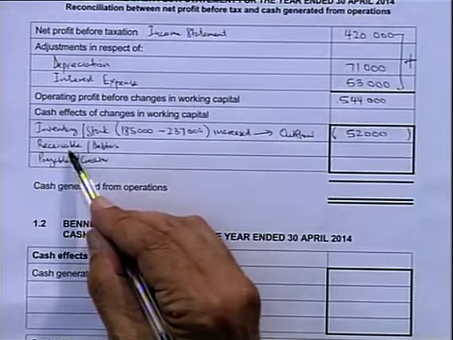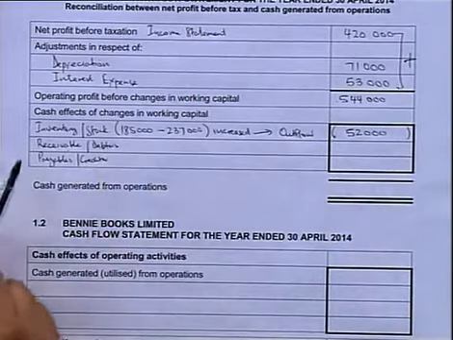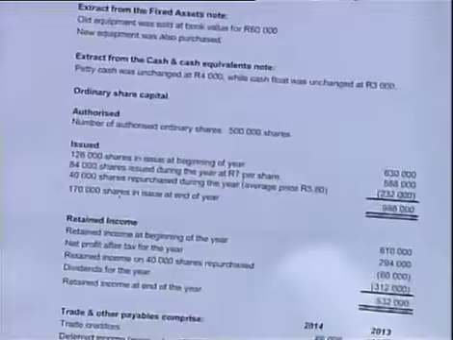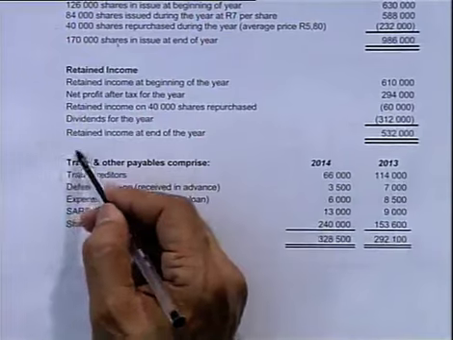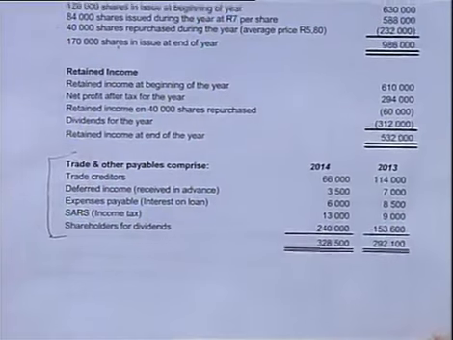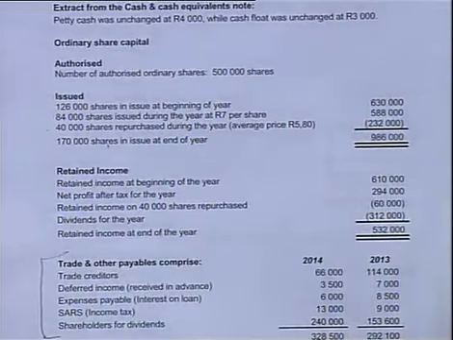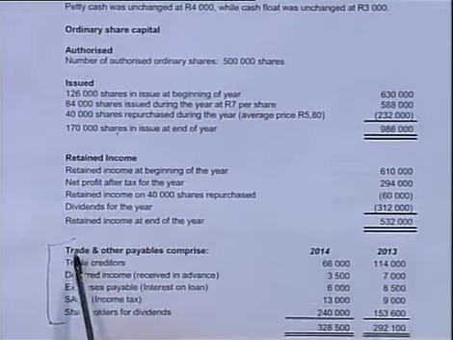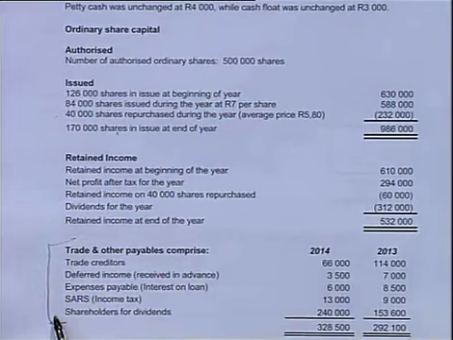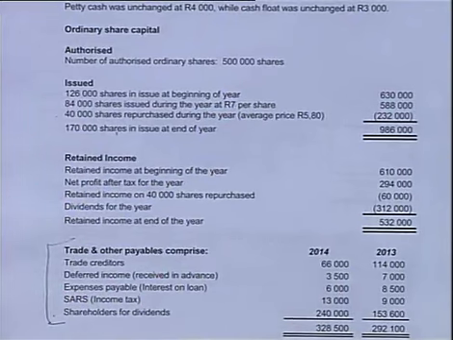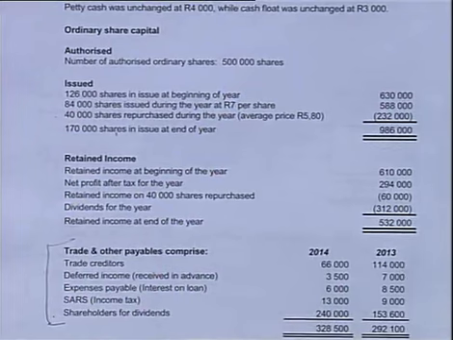When we get to receivables or to debtors, what we need to check, which is very important, learner, is if there is perhaps a note regarding receivables or a note regarding payables. Again, if there's no note regarding receivables or payables, then we have to take the amounts straight from the balance sheet.